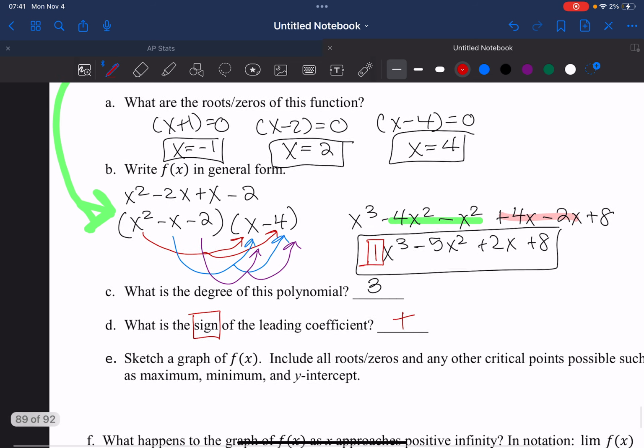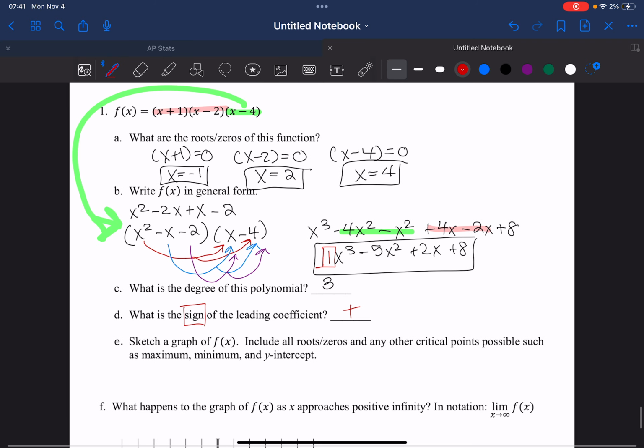Then it wants us to sketch a graph, including the roots and any critical points, including the y-intercept. So we're going to first find the y-intercept by plugging in 0 for x. So I have 0 cubed minus 5 times 0 squared plus 2 times 0 plus 8. These first 3 terms cancel out, and I'm left with the y-intercept of 0, 8.